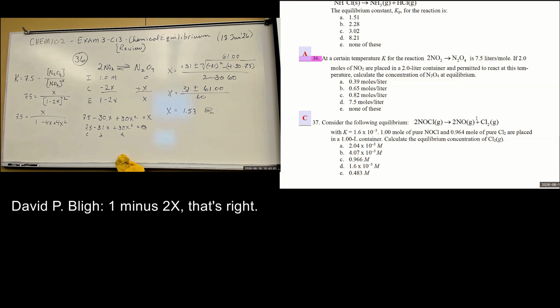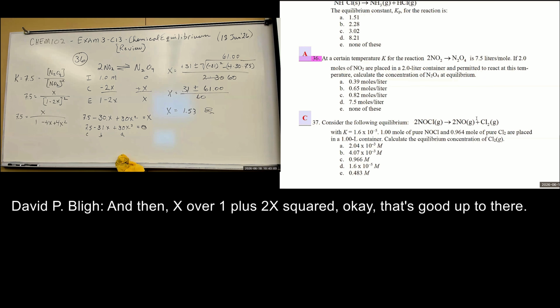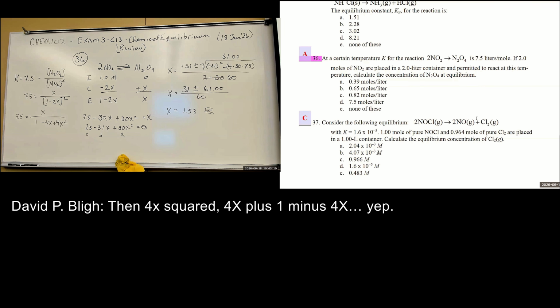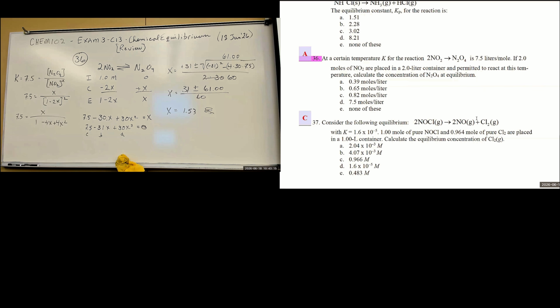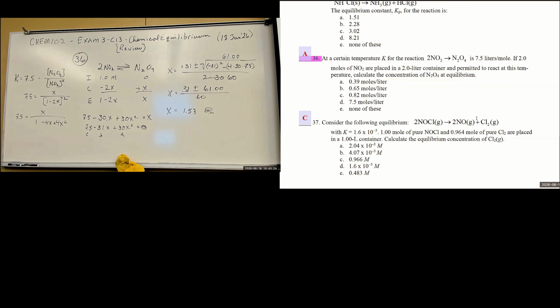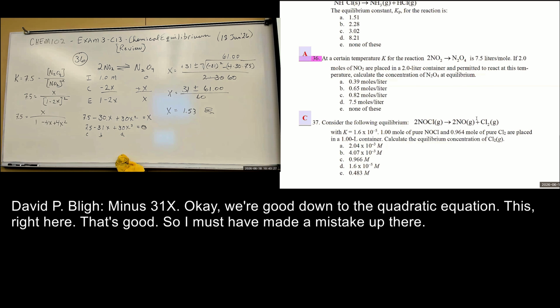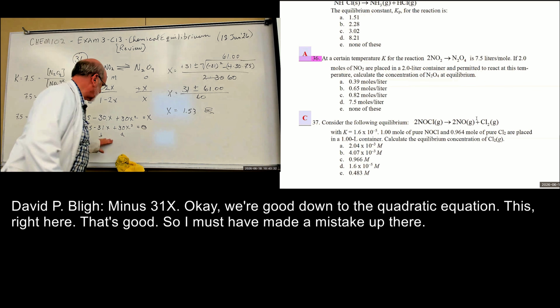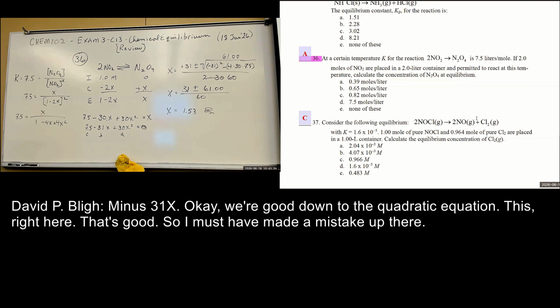It's 1 minus 2x, that's right. And then x over (1 minus 2x) squared. Okay, that's good up to there. Then 4x squared, 4x plus 1 minus 4x. Yep. And then x equals 7.5. See, 30x squared minus 31x. Okay, we're good down to the quadratic equation. This right here, that's good. So I must have made a mistake up there.